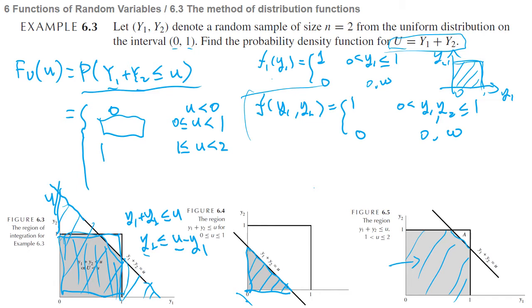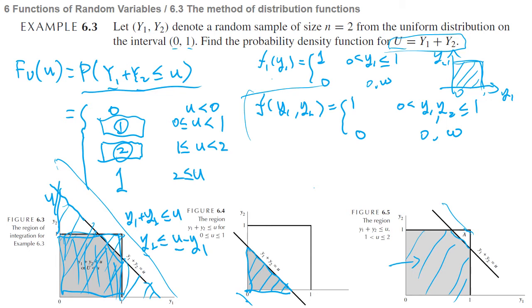And if u is greater than or equal to 2, the intersecting area is everything, and integration over this rectangular area is 1. So what we need to calculate is box 1 and box 2.